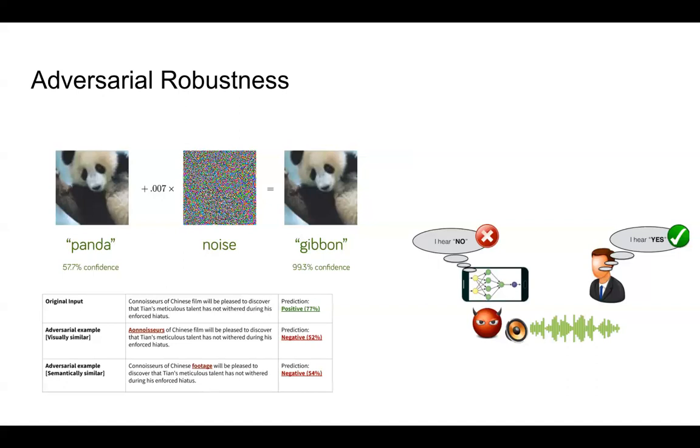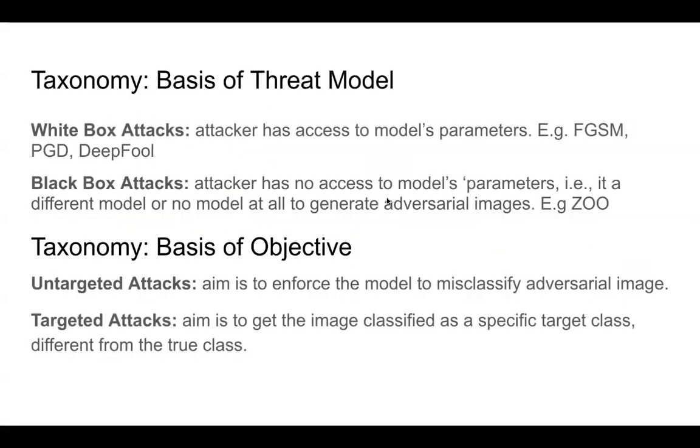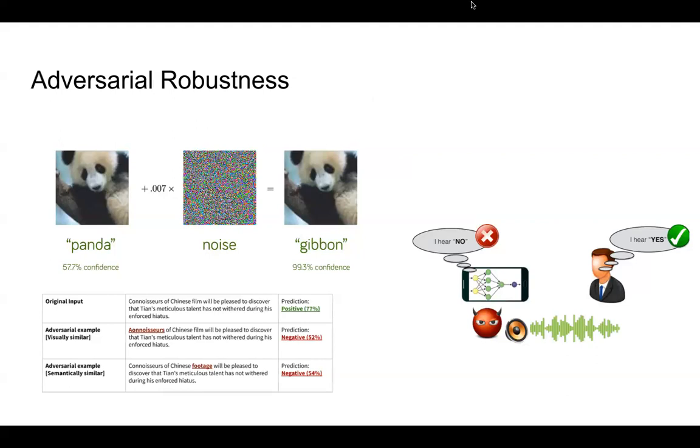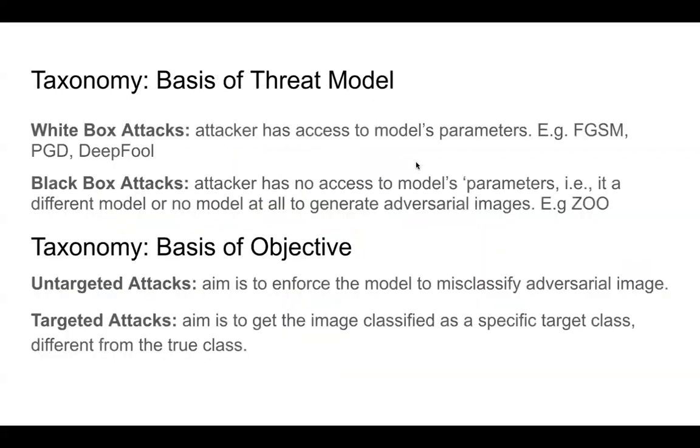Such as, if an adversarially modified "yes" will sound like yes to a human, but it will sound like "no" to the ASR model, then we evade it. Okay. So this is the basic idea of adversarial robustness and adversarial attacks.